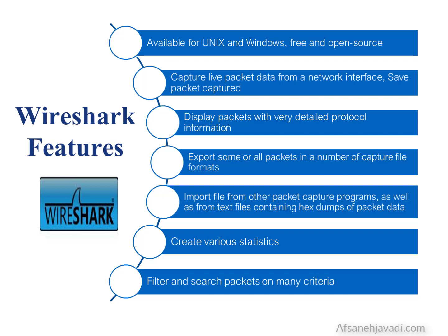Wireshark can create various very interesting statistics, and you can filter the output based on different criteria like protocol, source IP address, or destination IP address. So your output will be very clean, not a bunch of information. And you can also search over packets based on these criteria.